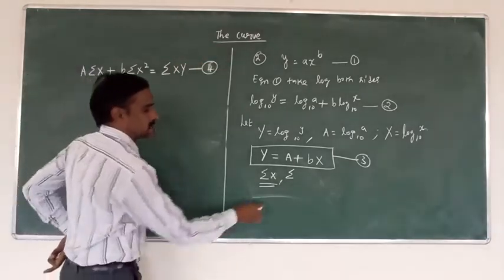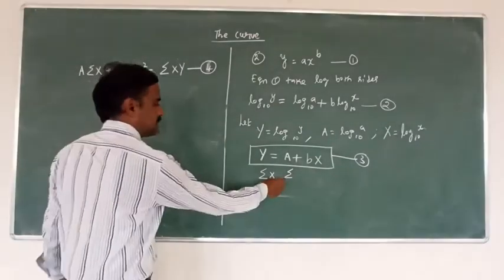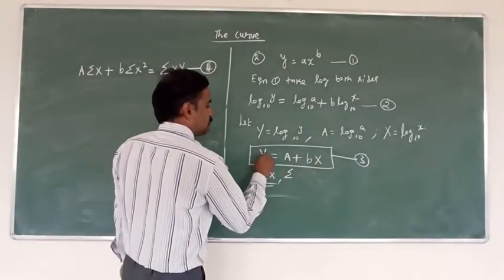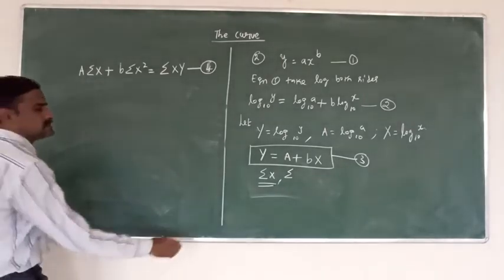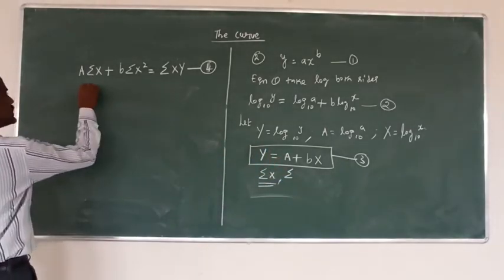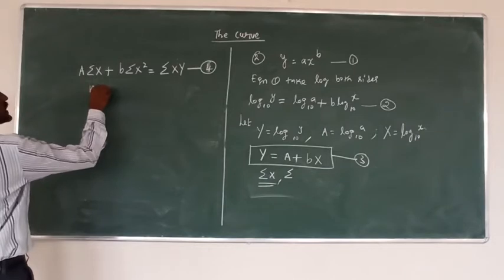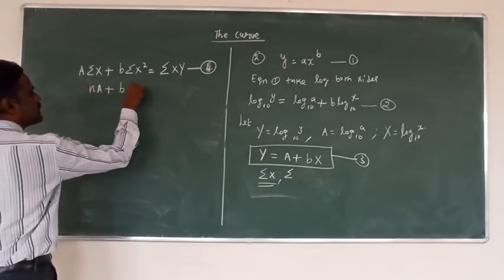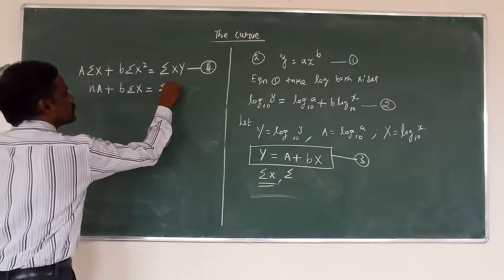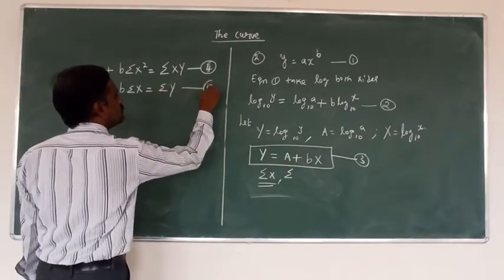And then add sigma both sides in equation 3. Sigma A, sigma A means we can represent NA plus small b sigma capital X equal to sigma Y. This is for equation number 5.